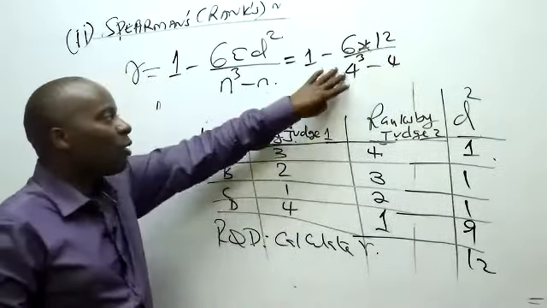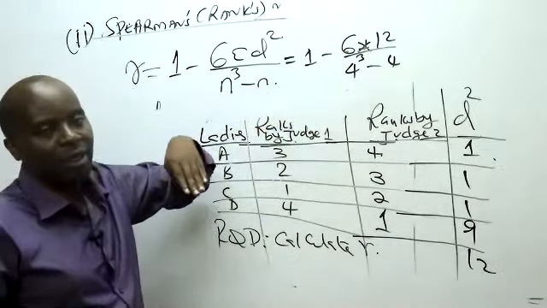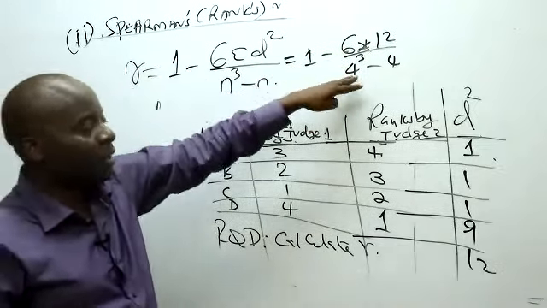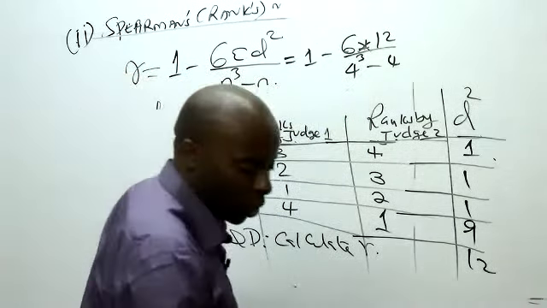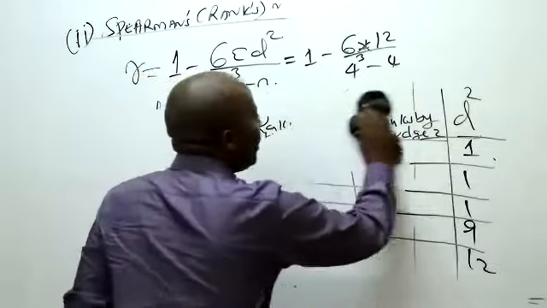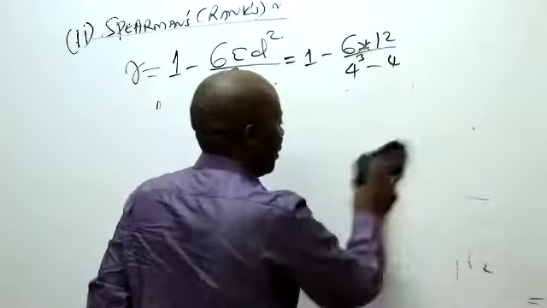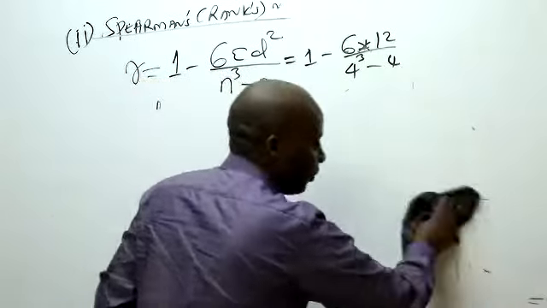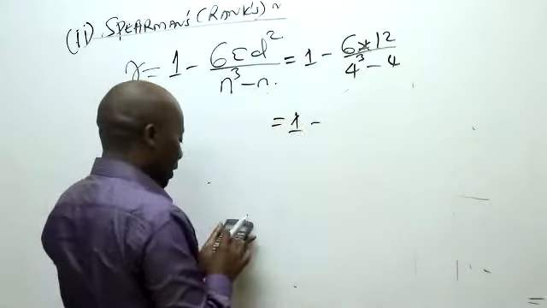So move slowly. First of all, deal with these multiplications and the divisions. Deal with this term here. First of all, I'll get the numerator. In the numerator we have 1 minus 6 times 12.